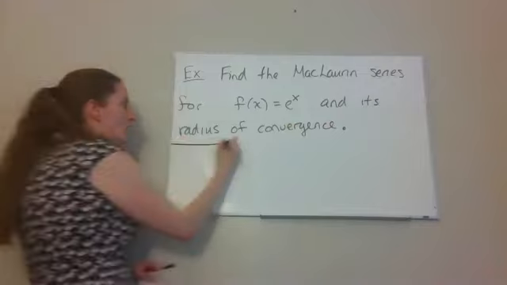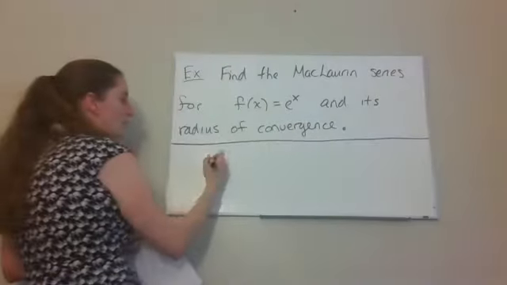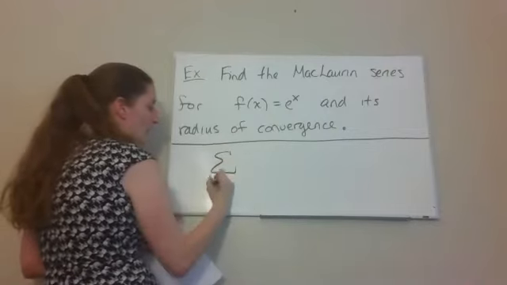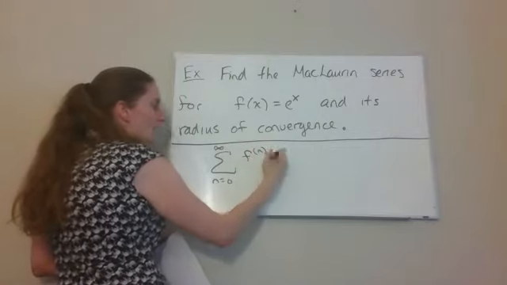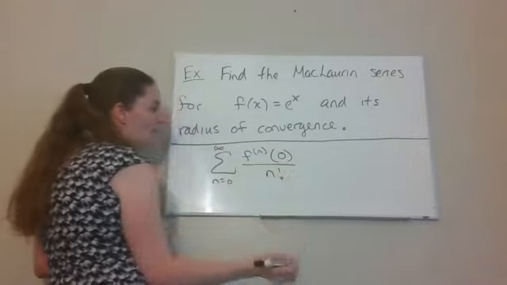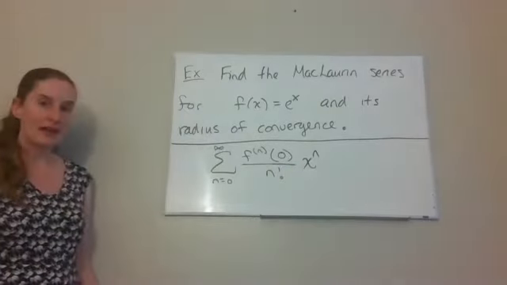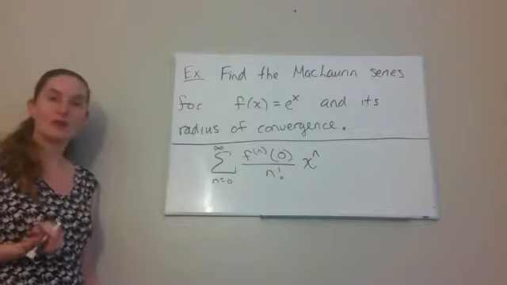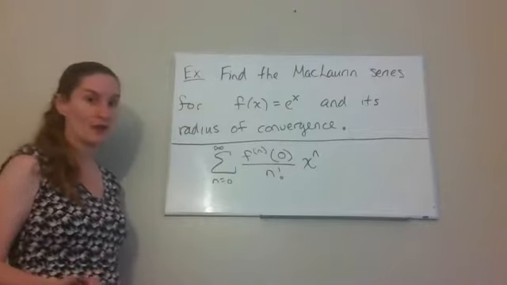Well, first, to find the MacLaurin series, we know that the MacLaurin series is going to look like a sum from 0 to infinity of the nth derivative of my function evaluated at 0 divided by n factorial times x to the n. So I need to figure out what the nth derivatives of my function look like at 0 so I can plug it into this formula.